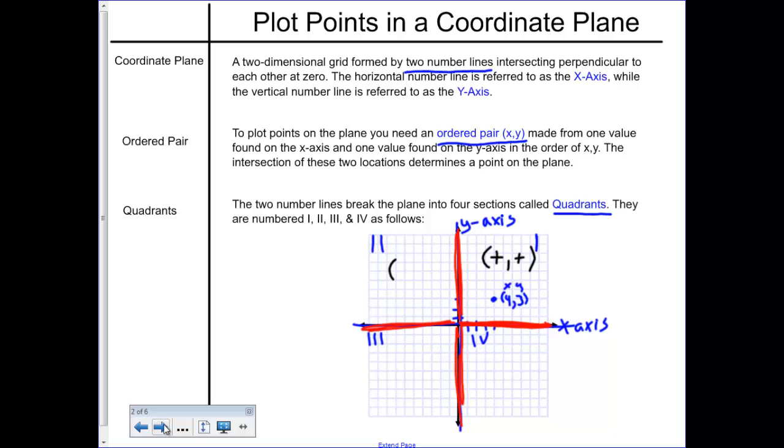Whereas in quadrant 2, you will have a negative for x, but you'll still have a positive for y because you're still in the upper section. When you go to quadrant 3, you'll have a negative for x and a negative for y. And when you go to quadrant 4, you will have a positive for x and a negative for y. And that pattern exists all the time, so you might want to remember that pattern: positive, positive, negative, positive, negative, negative, and positive, negative for quadrants 1, 2, 3, and 4.